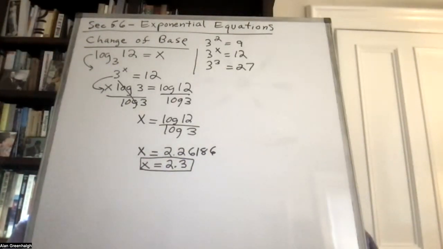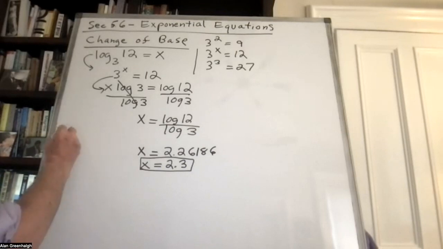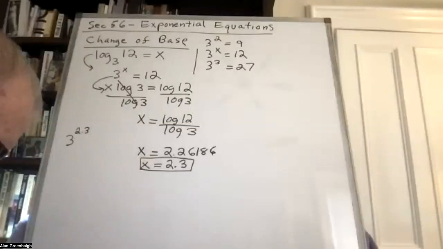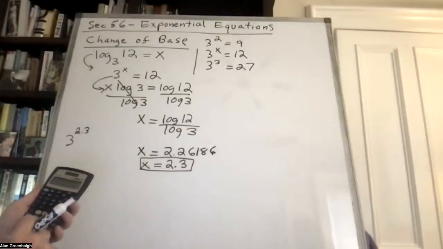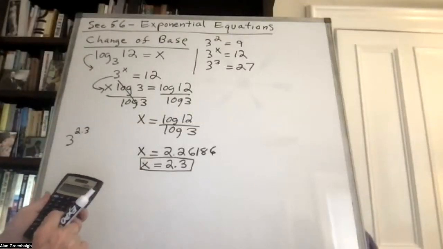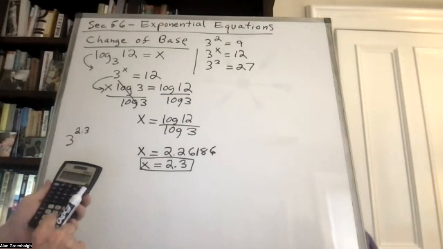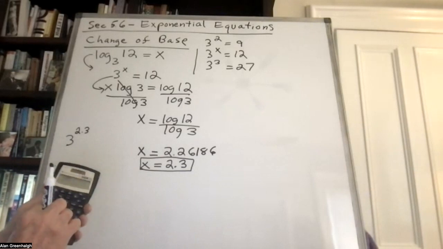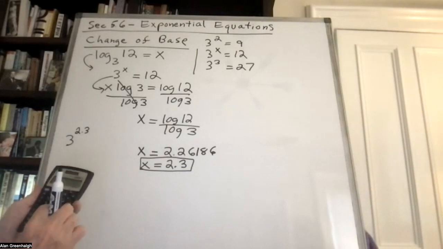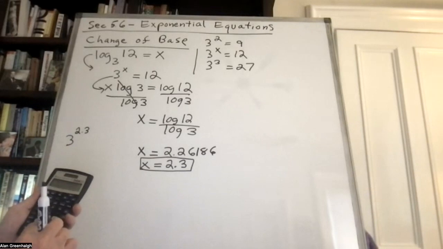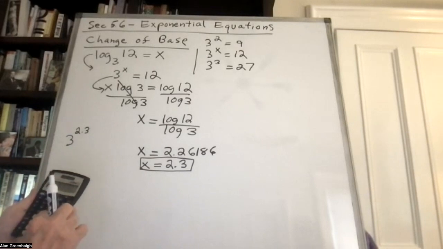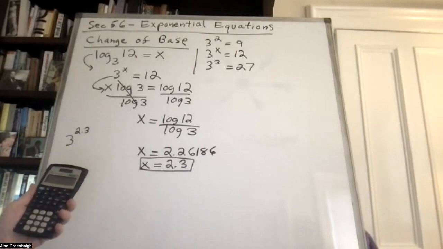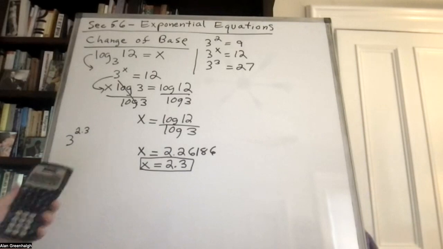And you can even check it by saying, well, what is 3 to the 2.3? And if you did that, you would get, so clear this, get 3, and then the upside down v to the, and in parentheses, I guess you would put 2.3. And that would come out to 12.5.